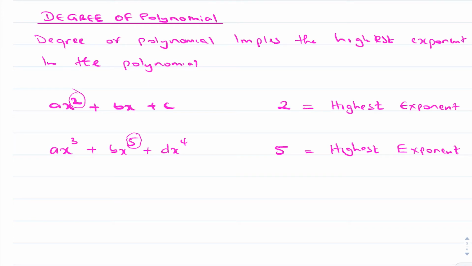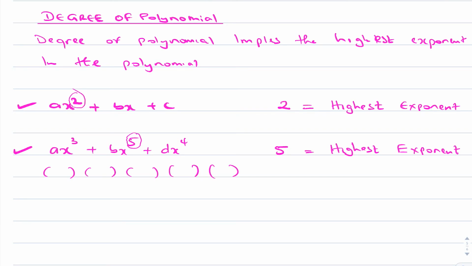In this case, the word degree is referring to how many factors it will have. So the first one here will have 2 factors because it's got degree 2. The second expression here will have 5 factors because it's got degree 5. So that's a factor, 1, 2, second factor, 3, 4, and 5.